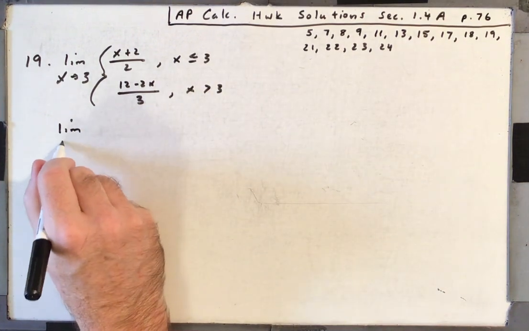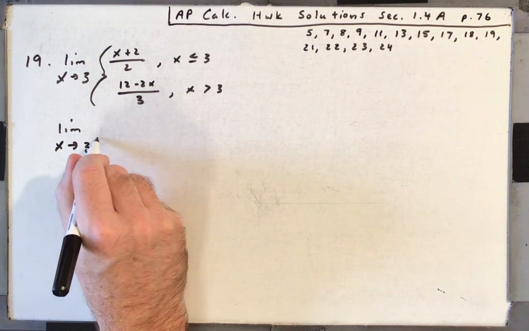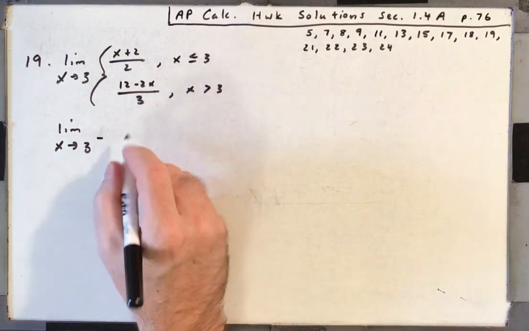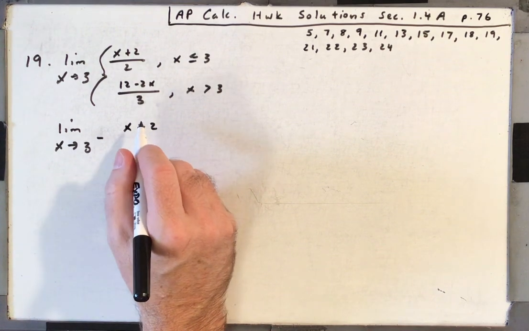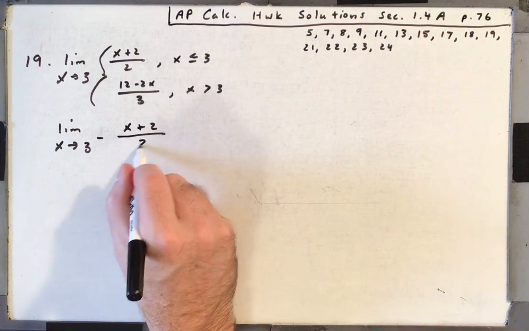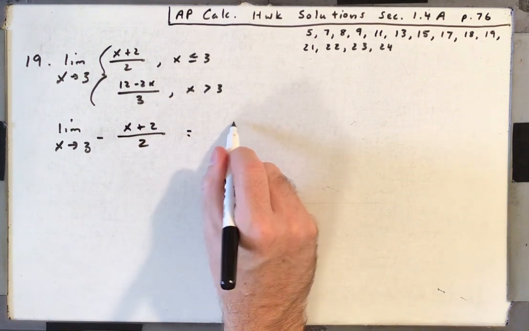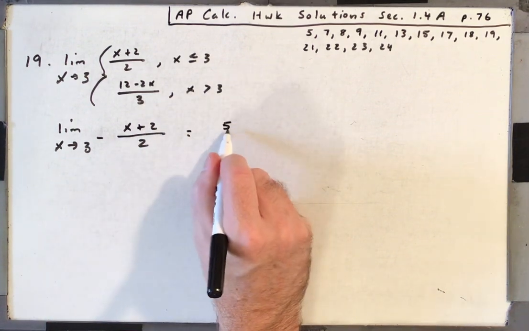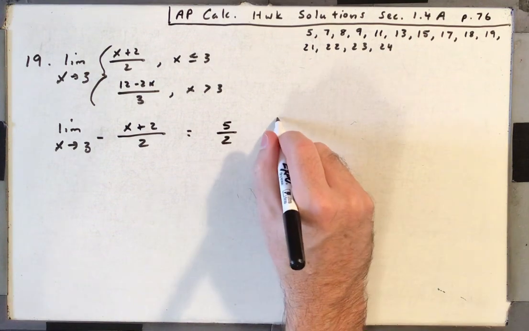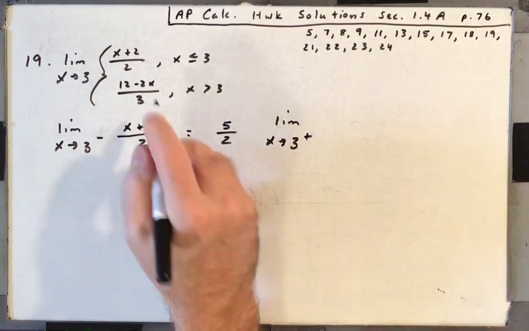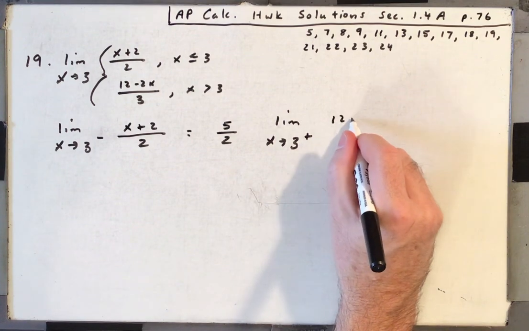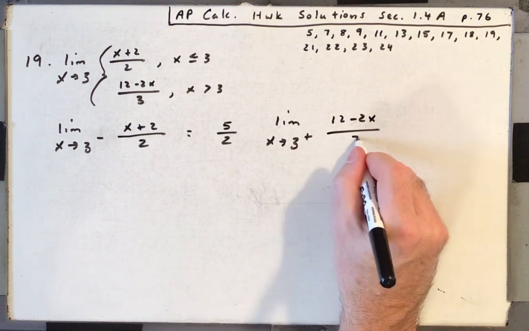So the limit as x approaches 3 from the left, that's the top one, of (x plus 2) over 2. We're just going to plug a 3 in. So that would be 3 plus 2, 5 halves. And then the limit as x approaches 3 from the right, we would use the bottom equation, (12 minus 2x) over 3.